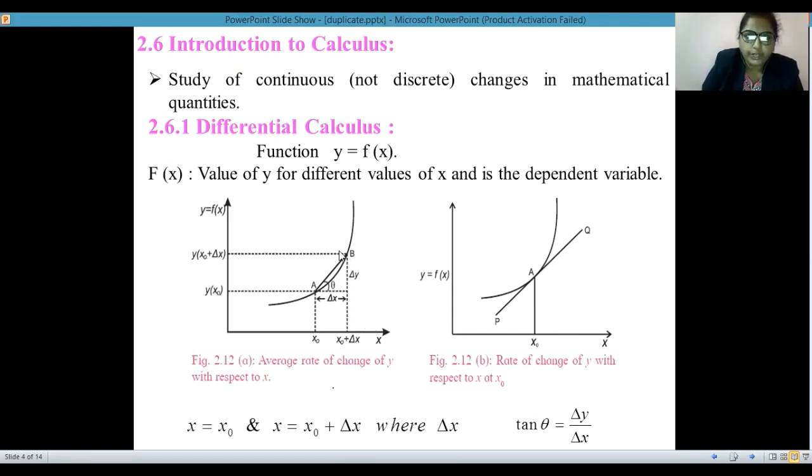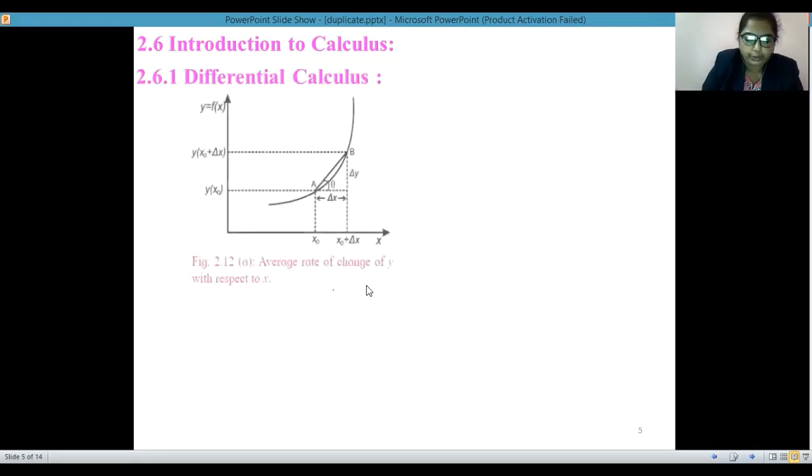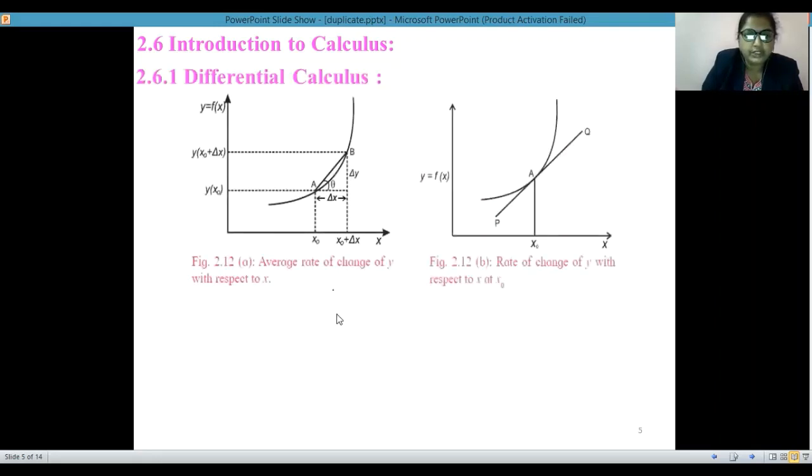As point B comes closer to A, and if we keep making delta x smaller and smaller, we will ultimately reach a stage when point B coincides with point A. This process is taking the limit delta x going to 0.